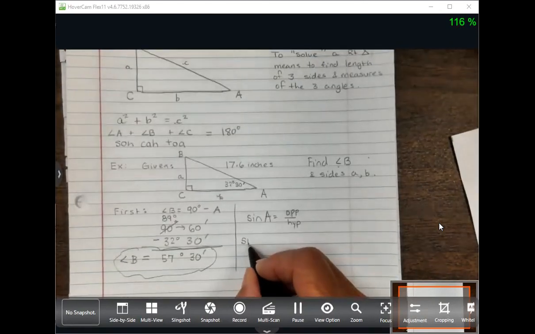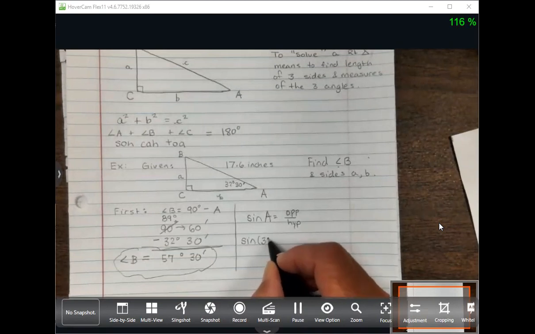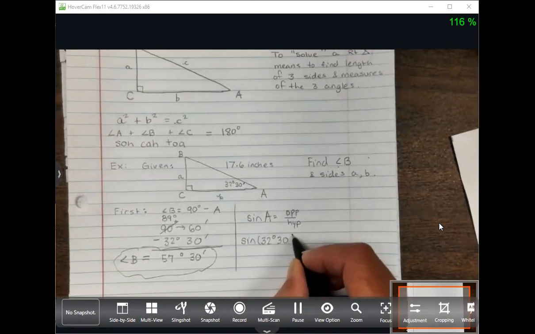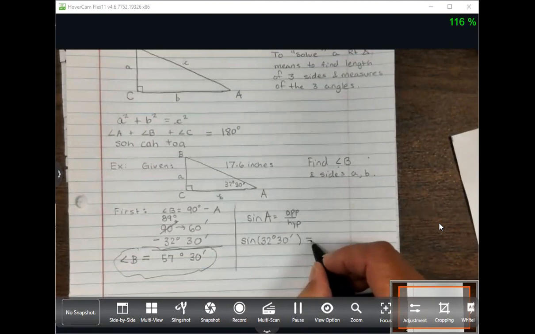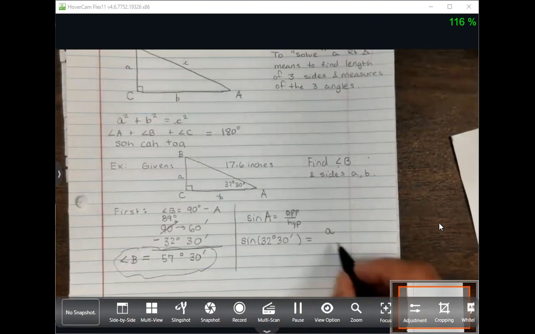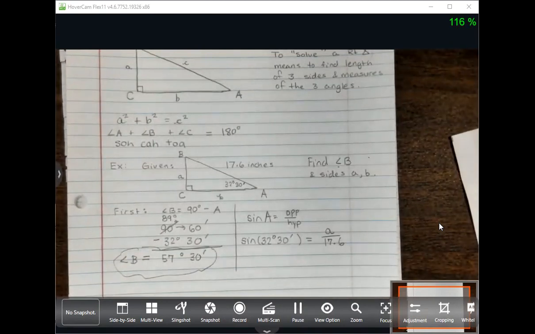So I need to find the sine of 32 degrees, 30 minutes. Opposite side is A, and the hypotenuse is 17.6. First, I'm going to solve this for A, and that's the way that you're going to write it on your test. Then I'm going to go ahead and whip out the calculator and get the decimal value.